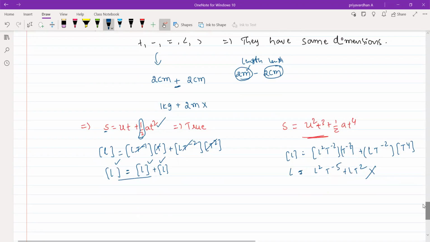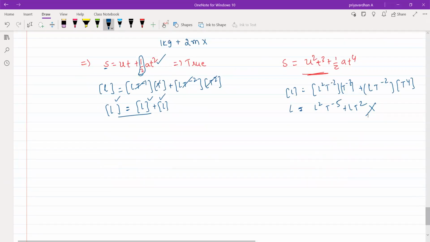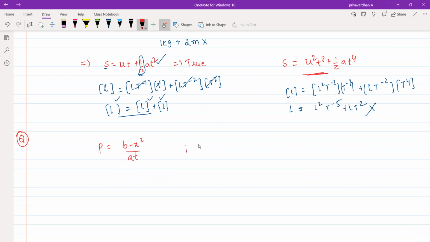Based on that, let us solve a simple sum. Let me see who will solve. This is the most commonly asked question in competitive exams. See, assume you have a quantity like this: P is nothing but b minus x square divided by at, where P is power, x is distance and t is time.